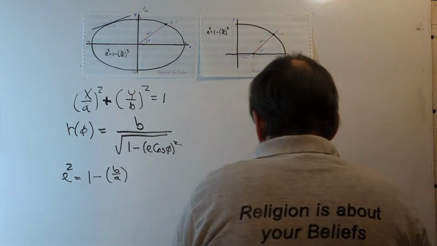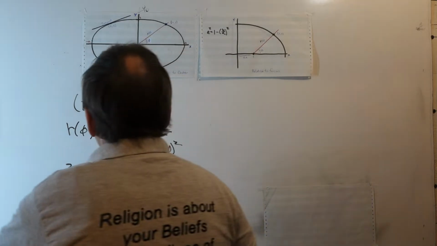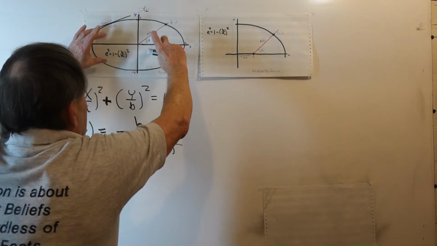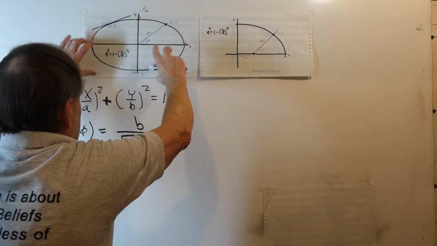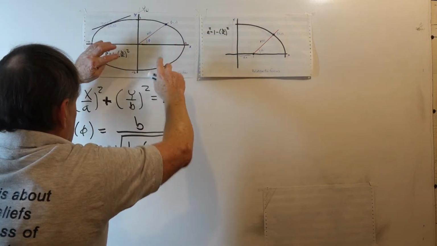The eccentricity describes the flattening or the oblonging of the ellipse.